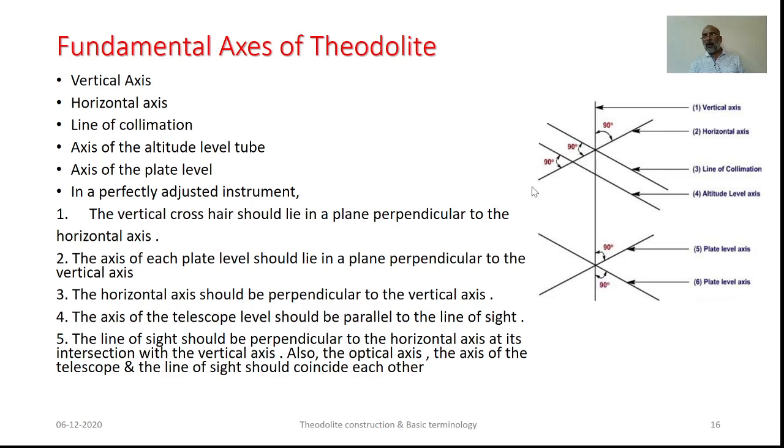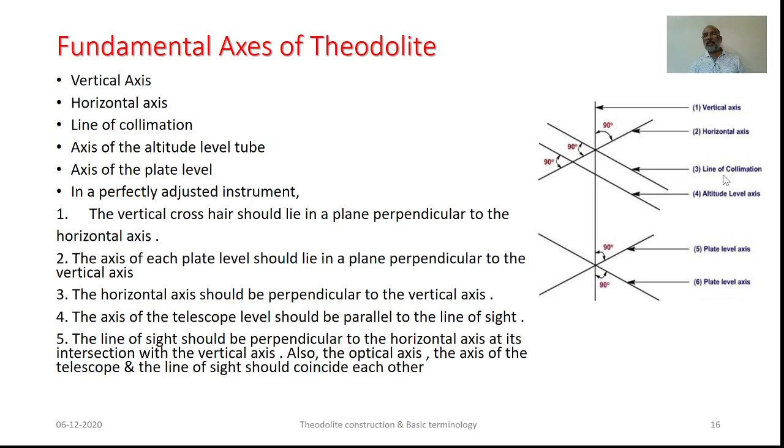This is the horizontal axis, also called the Vernier axis, which passes through the bearings provided at the top of the A-frame, about which the telescope rotates in the vertical plane.